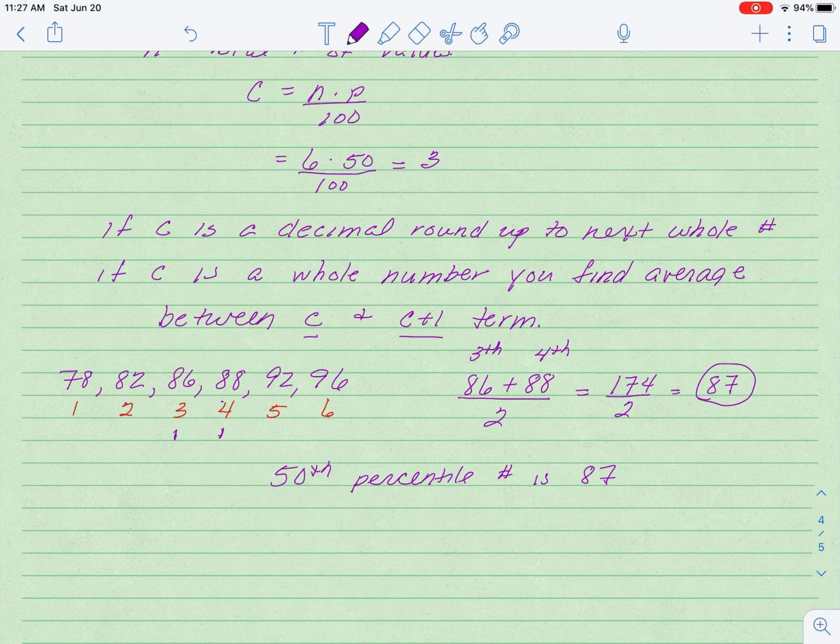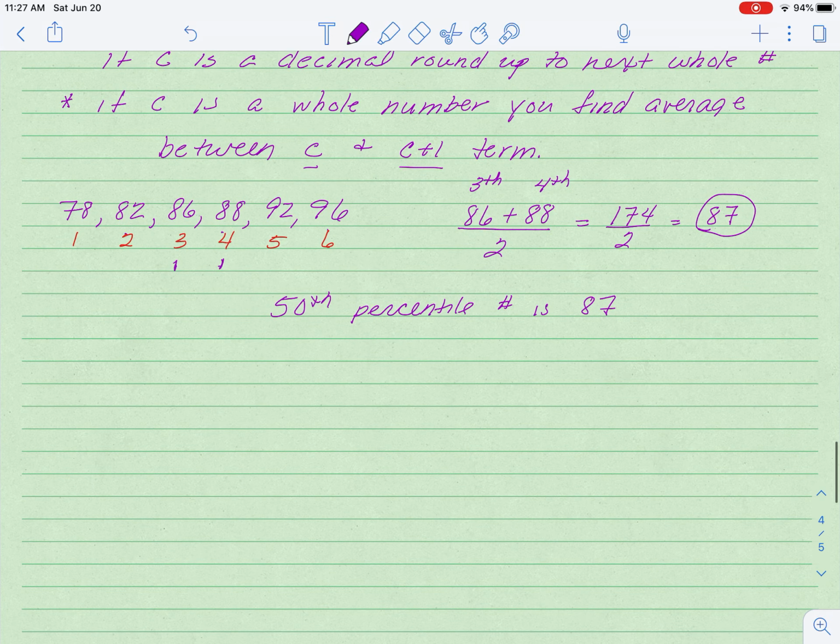Okay, so instead of doing the 50th percentile, where we got a C value that was a whole number and had to use this second condition, let's say we wanted to find the 66th percentile. Okay, so that'd be C equals, there are 6 data points, we want to multiply by the percentile, 66, and divide by 100. So we go 6 times 66 divided by 100 equals 3.96.